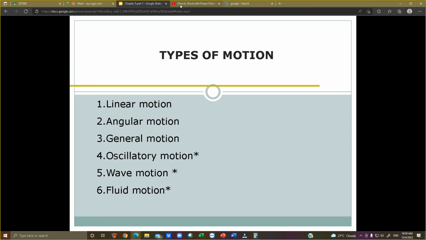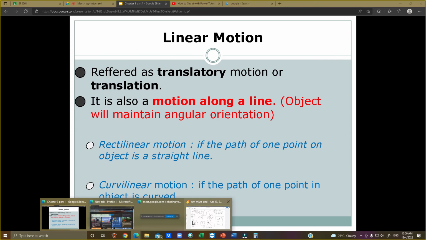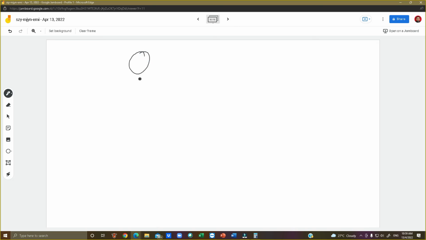Okay, and then ni simple, yang ni kita pergi laju. Senang, ni senang, memang senang. Okay. Type of motion. In human, we have 3 type of motion. Okay, contohlah orang. It move forward.